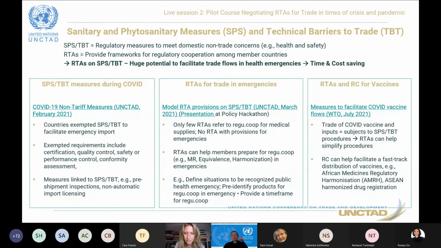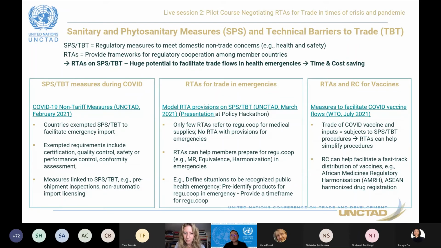Also, I just added here the recent report by the WTO. This is about regulatory cooperation on vaccines, because vaccine imports and vaccine manufacturing are the most urgent issue at this moment. And SPS and TBT, again, are very relevant and useful for this issue.